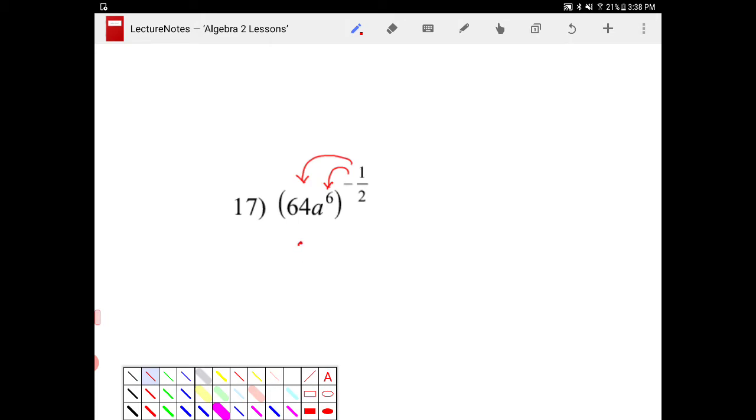So this would be 64 to the negative half, a to the negative 3. And 64 to the negative half, that's 1 over 64 to the 1/2 times 1 over a to the third. And 64 to the 1/2 is 8, so it's 1 over 8a to the third.